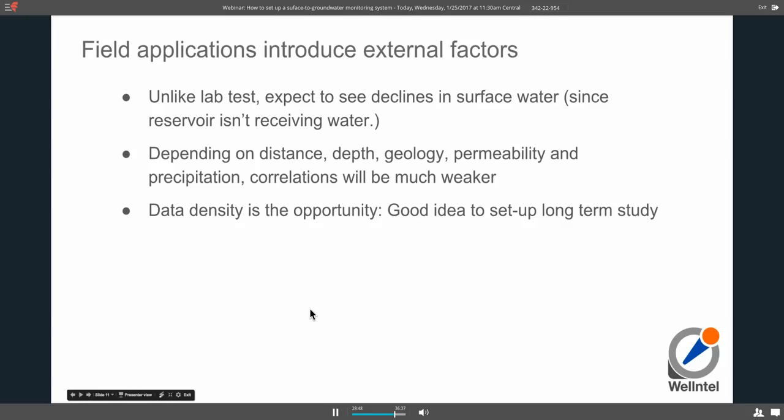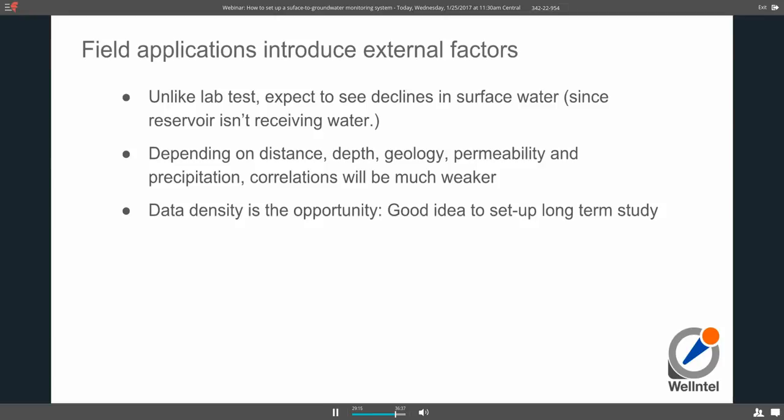So one more quick slide, and then we've got room for questions. Field applications, I think we've alluded to it already, introduce external factors that are unlike the lab test that you just witnessed. So unlike this lab test, you would have to expect to see declines in surface water instead of increases in surface water, since we're assuming that in most field conditions, the reservoir is not receiving water from pumping.